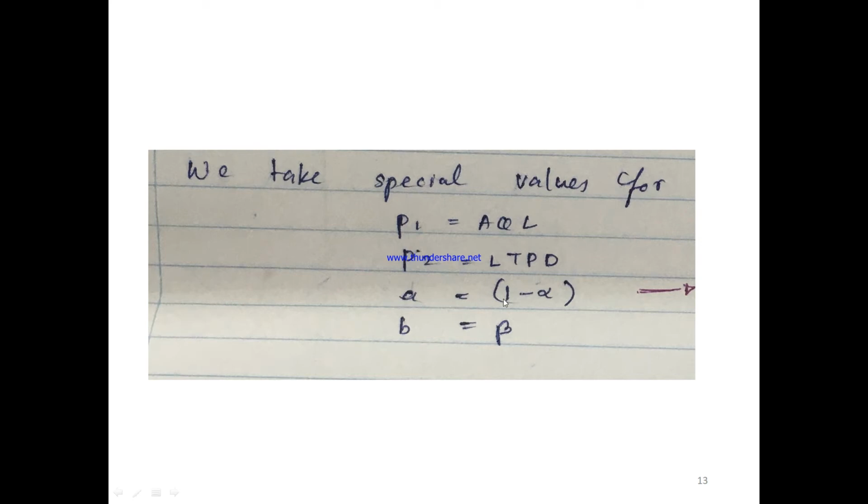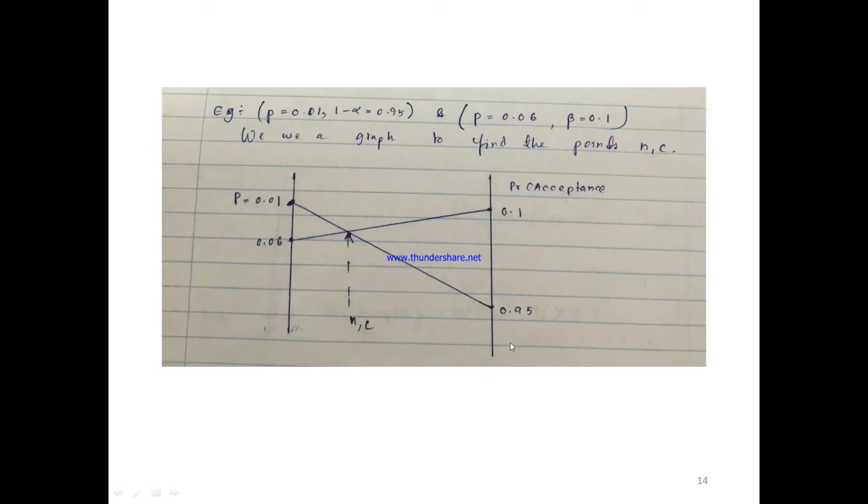So you can take it as 1 minus alpha, and the B value means the probability of accepting your lot at LTPD. So you can take it as beta. Alright, so let's say you are given that your AQL value is 0.01 and 1 minus alpha value is 0.95, and then your LTPD value is 0.06, and beta value is 0.1.